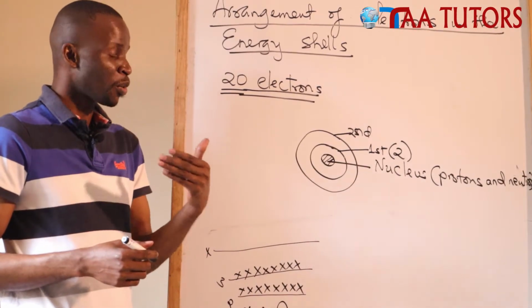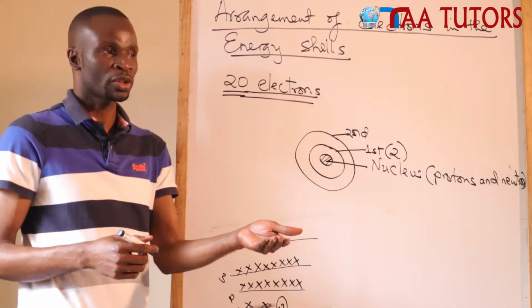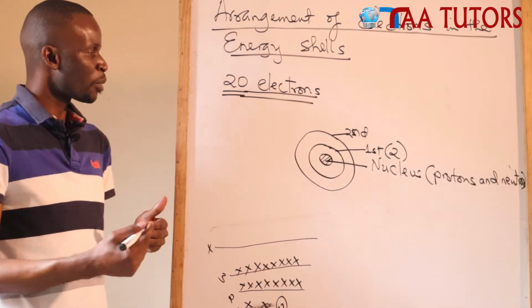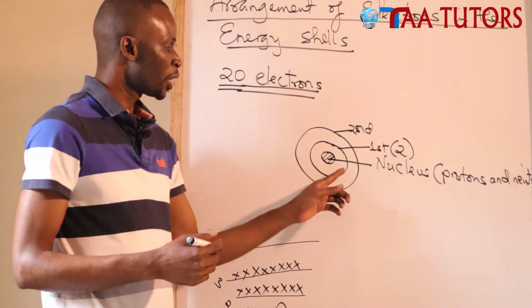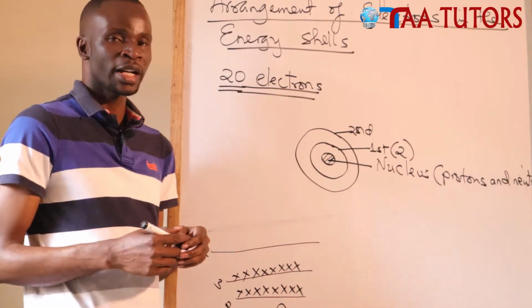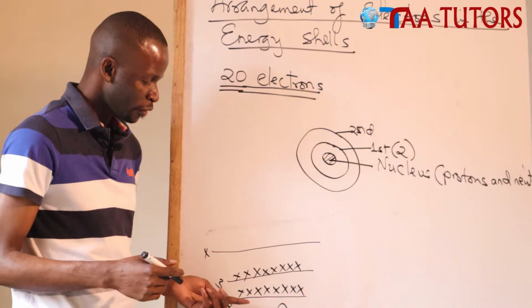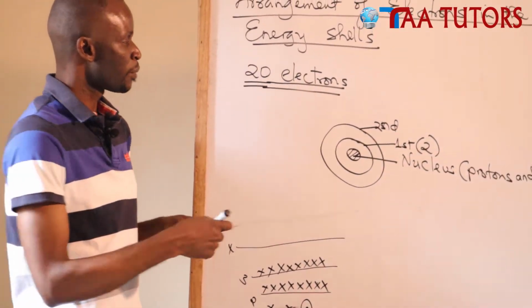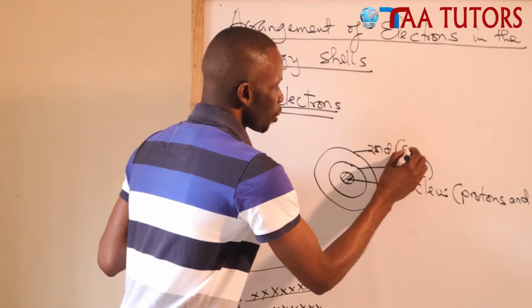We can actually have 0 electrons there, but we cannot have more than 2. Any extra electrons that remain after filling the first energy shell, we have to carry to the second energy shell, which, according to what I've illustrated here, must carry a maximum of 8 electrons.